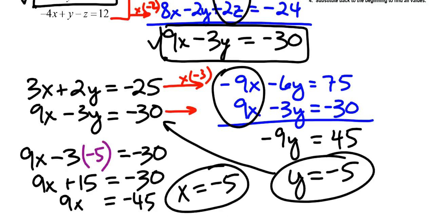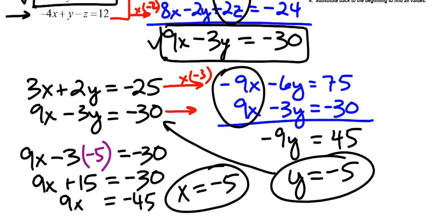So I get x is equal to negative 5, y is also equal to negative 5, and then we're going to want to go to one of the other equations. I definitely want to find z, so I'm going to go to an equation that contains z. So I'll go back to the third one in the original problem, negative 4x plus y minus z.